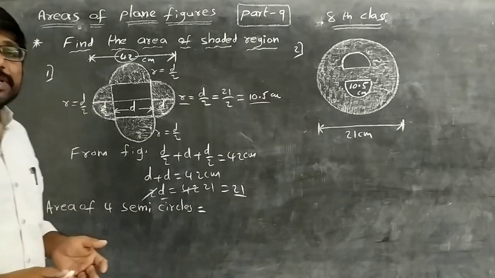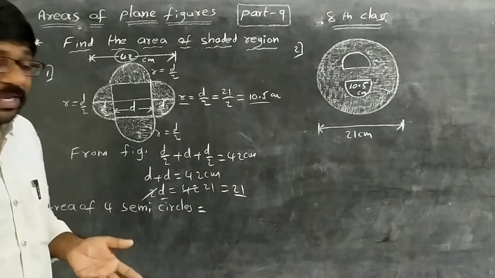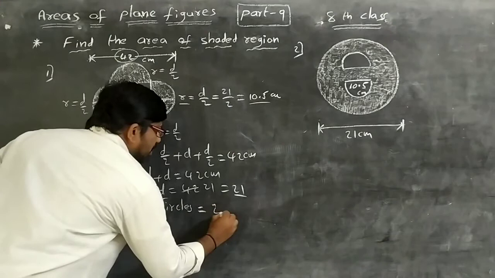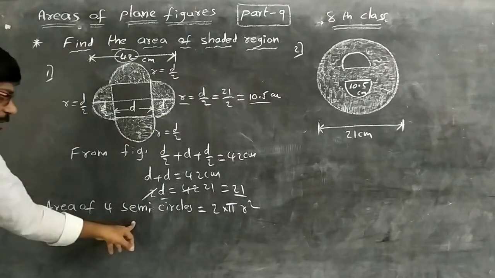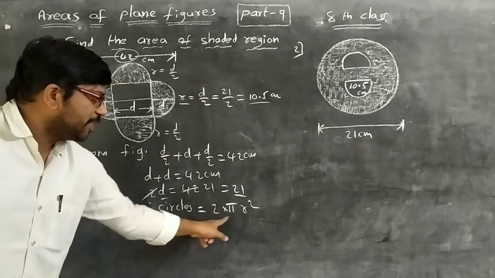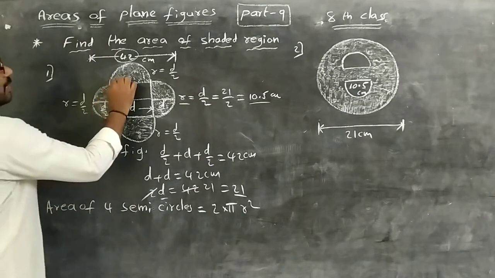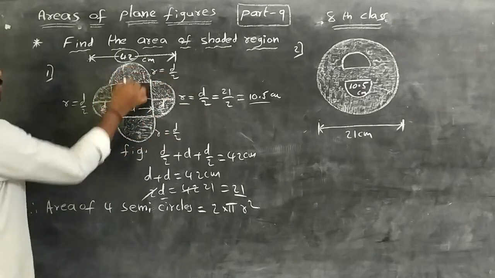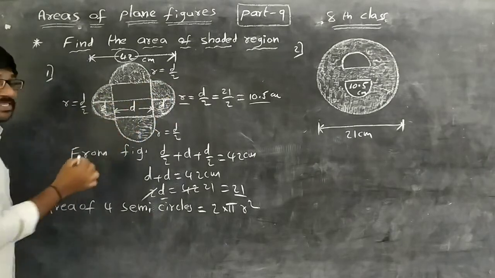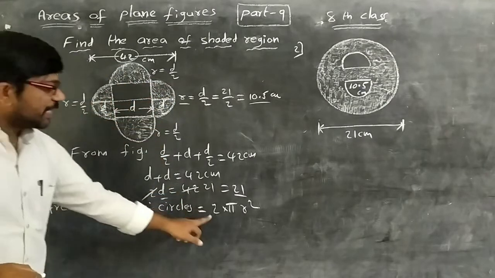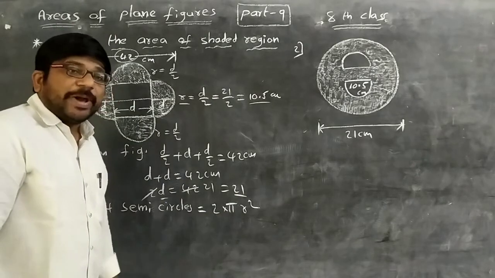Semi means half circle, so 4 half circles are equal to 2 circles, that is 2 into pi r square. See, this semicircle plus this semicircle gives 1 circle, and this semicircle plus this semicircle gives 1 circle. In total, 2 circles, 2 into the area of a circle, 2 into pi r square.